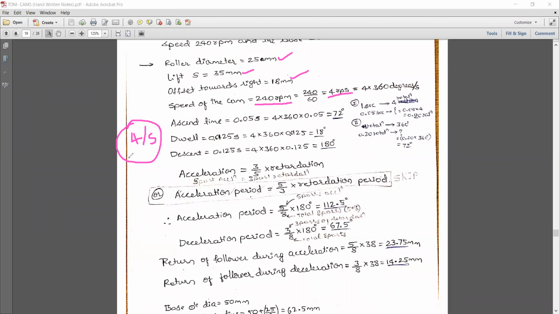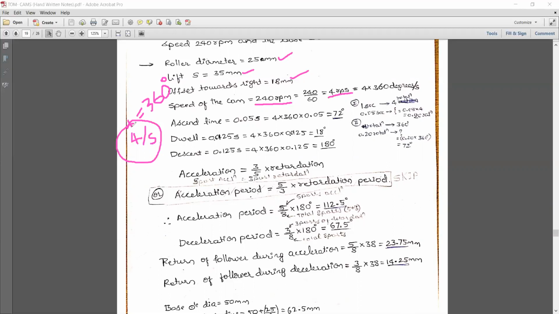What is the total measure of the circumference of this particular circle in degrees? It is equal to 360 degrees. If you start from here, it will rotate and come back after 360 degrees.